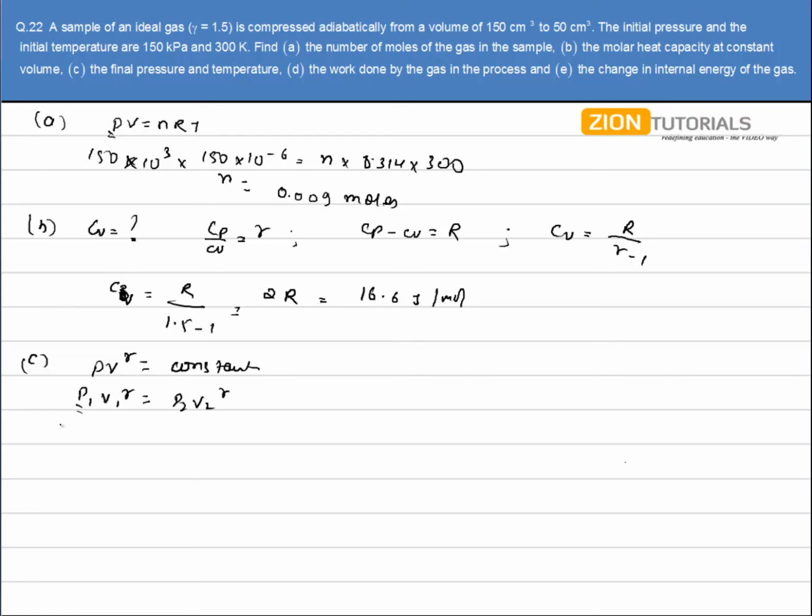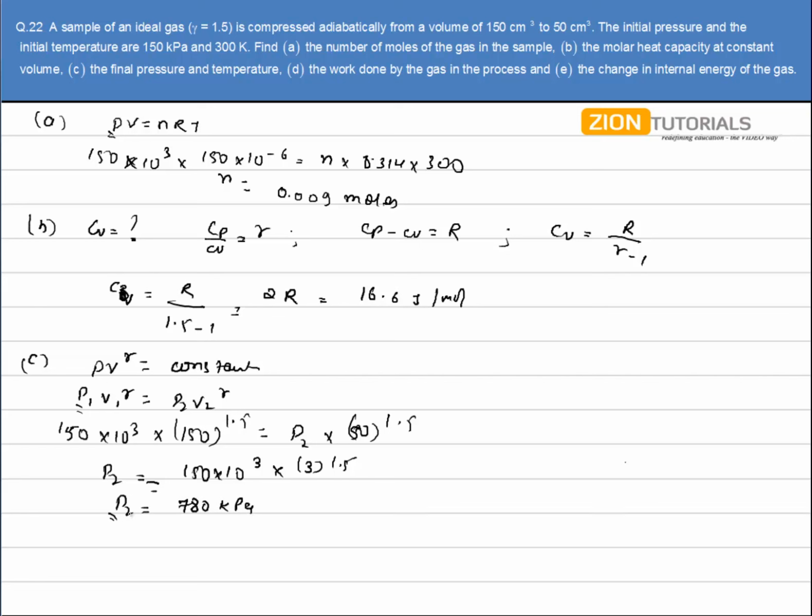The initial pressure is 150 kPa, the initial volume is 150 to the power 1.5, the final pressure is what I have to calculate, and the final volume is given as 50 cm³. So I have the final pressure as 150 times 10 to the power 3 times 3 to the power 1.5. Solve this equation to get the value of P2 as 780 kilopascals.